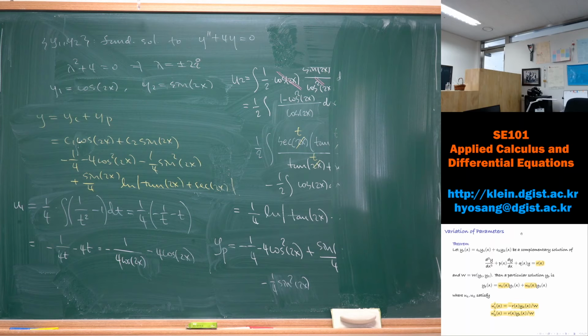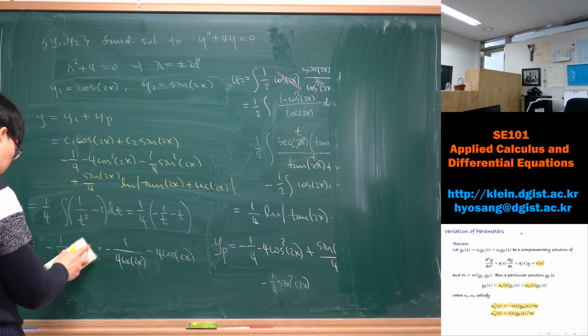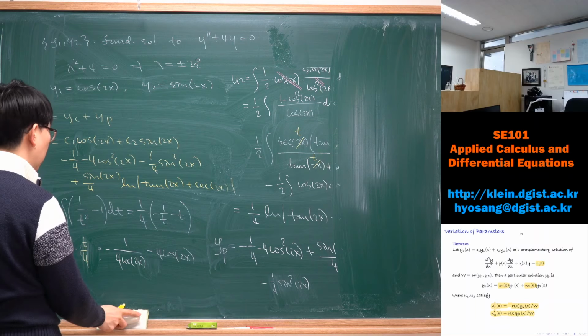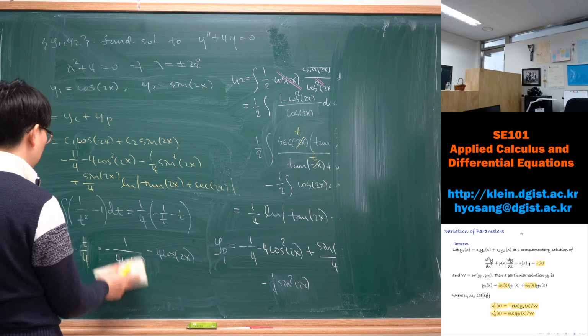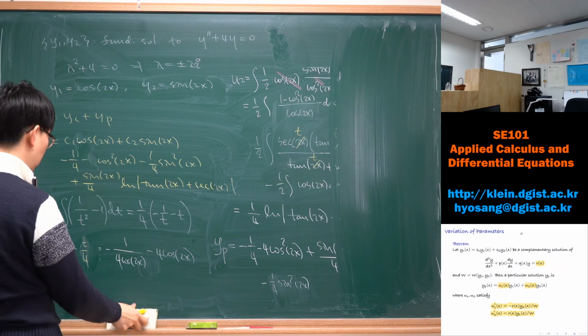In u1, 40? Oh, why did it become 40? Yeah, you're right. This is t over 4. Ah, okay, so that makes sense then. This is actually 1 over 4.